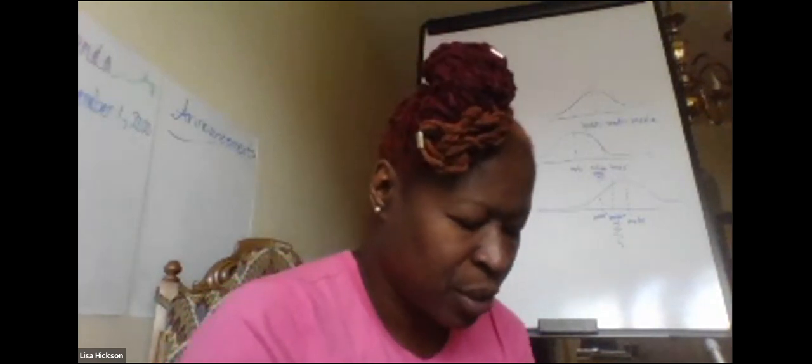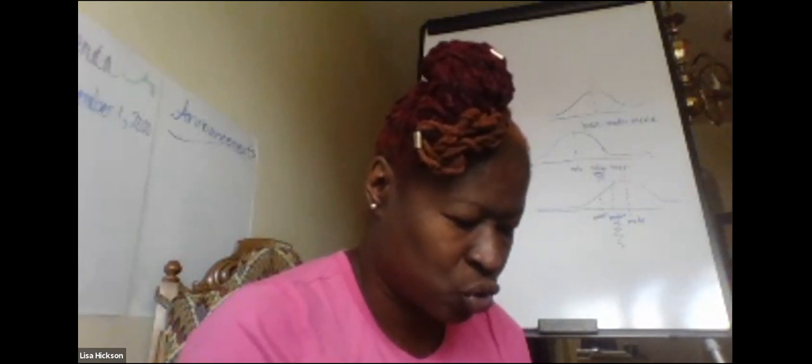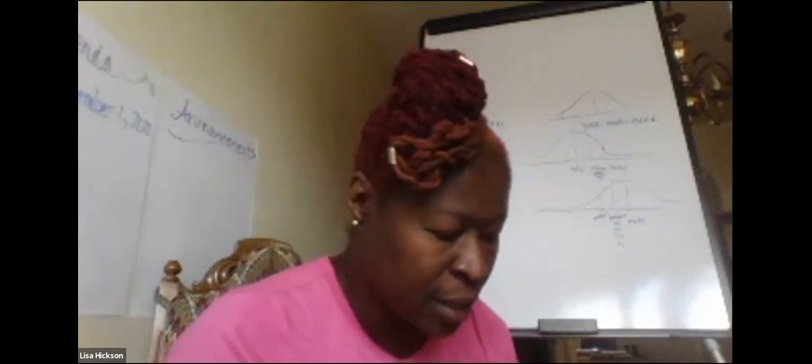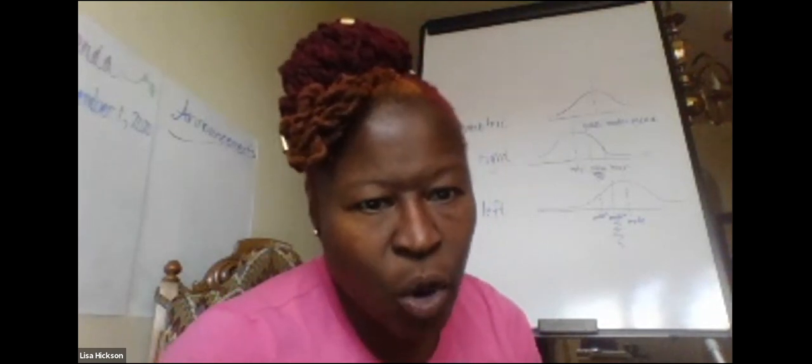Wait, how do you put the code in? Go back to where it says join a meeting. See where it says join a meeting? Go all the way to the right, up top. It should be on that line. It says schedule a meeting, join a meeting. Go to join a meeting. Okay, there you go. I got it.